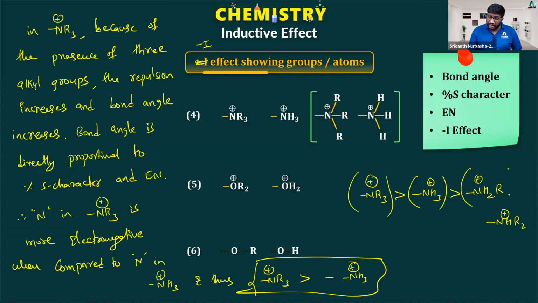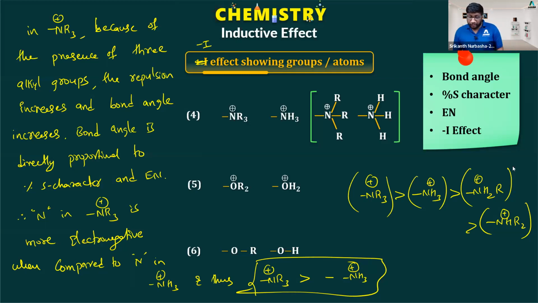NR3+ will have the greatest, then you will have NH3+, then you will have NH2R, because in NH2R the electron donation is happening from one alkyl group. Bond angle is not the dominating factor now, electron donation is the dominating factor. You may ask a question, sir, why is bond angle not the dominating factor? Because of the presence of hydrogens. Whenever the 3 alkyl groups are present, only then will the increase in bond angle be sufficiently dominating.